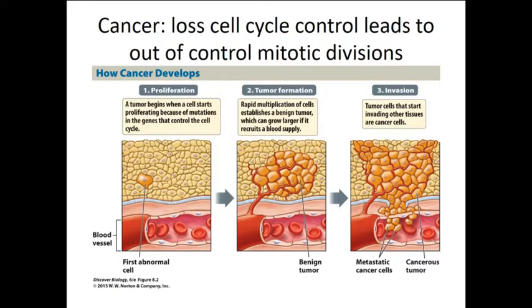We're just going to be real brief about this, but first of all, cancer is loss of cell cycle control in mitosis. So cells go through uncontrolled mitosis, basically dividing when they're not supposed to. That happens when there are multiple mutations in a cell in the genes that control the cell cycle.